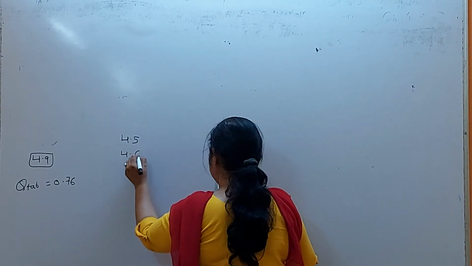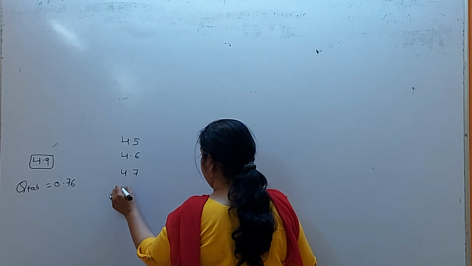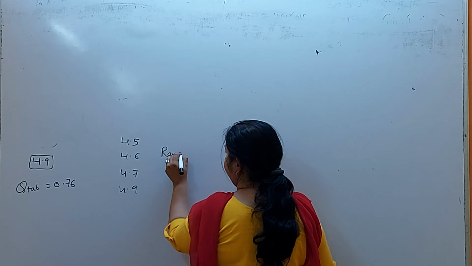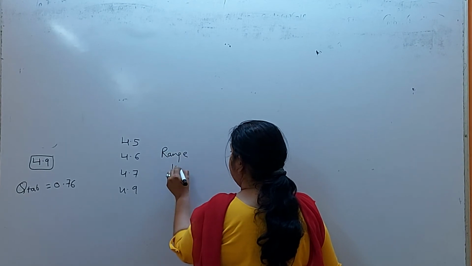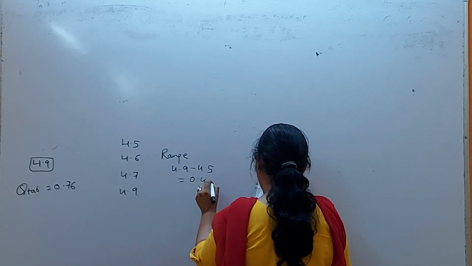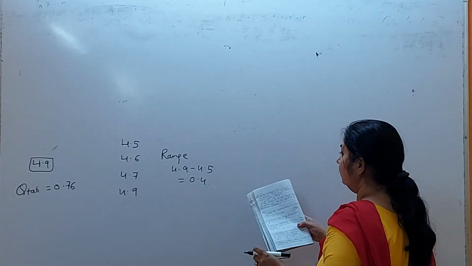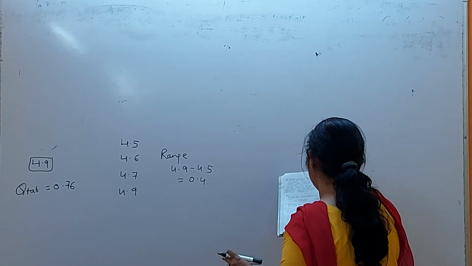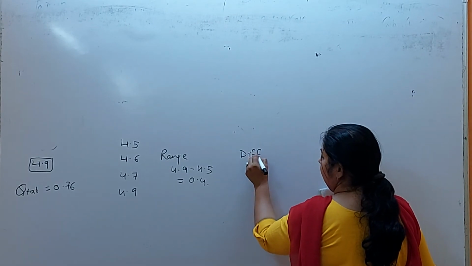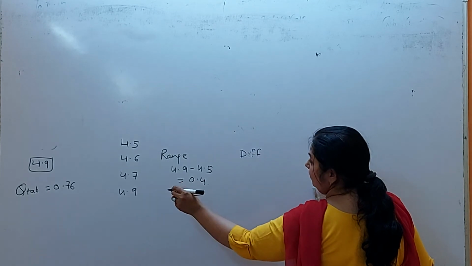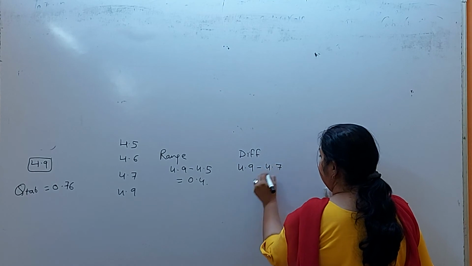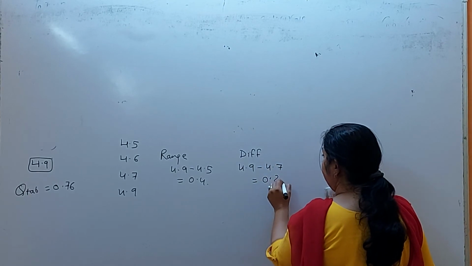The data which is given, I will directly write in ascending order: 4.5, 4.6, 4.7 and 4.9. The range comes out to be 4.9 minus 4.5, which is 0.4. Then the difference between the doubtful observation and the nearest neighbor: 4.9 minus 4.7 comes out to be 0.2.